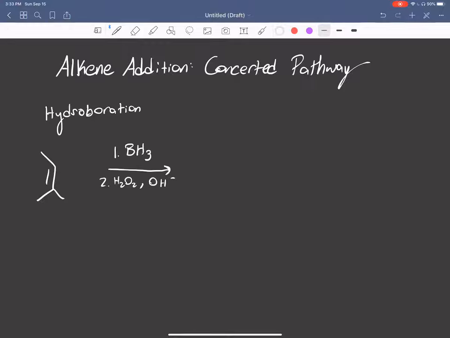Like I said, this reaction is going to be similar to the oxymercuration reaction we saw previously. What it's going to do is add an OH, but it's not going to add it to the more substituted carbon like the oxymercuration did. It's going to do it the opposite way and add it to the less substituted carbon.